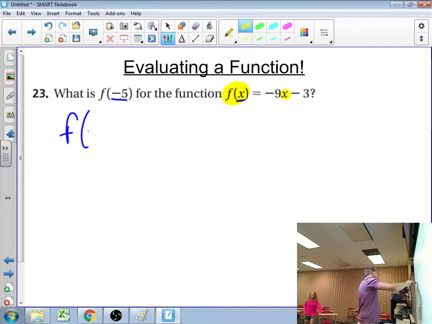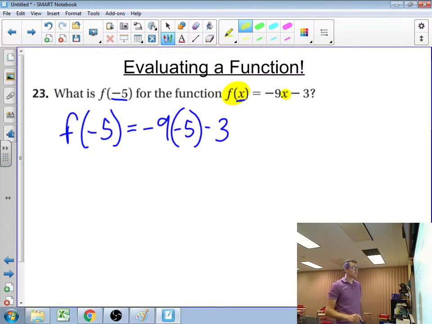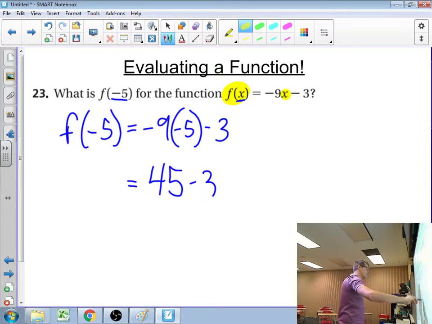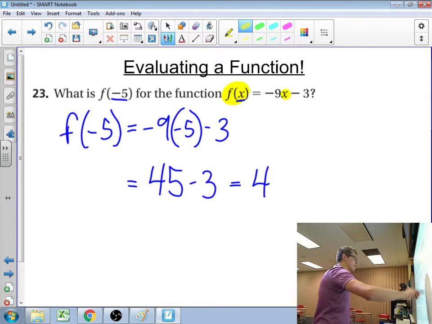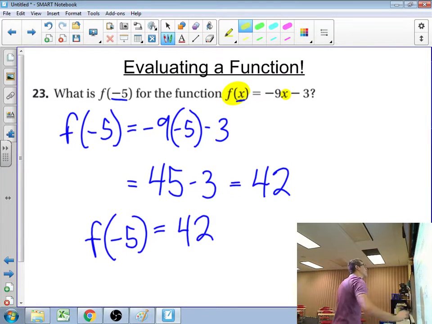So f of negative 5 is really negative 9 times negative 5, then minus 3. So negative 9 times negative 5, negative times a negative makes a positive. So that gives me 45 minus 3, which gives me a value of 42. So I can then say f of negative 5 is 42, and that is my function evaluated and solved.